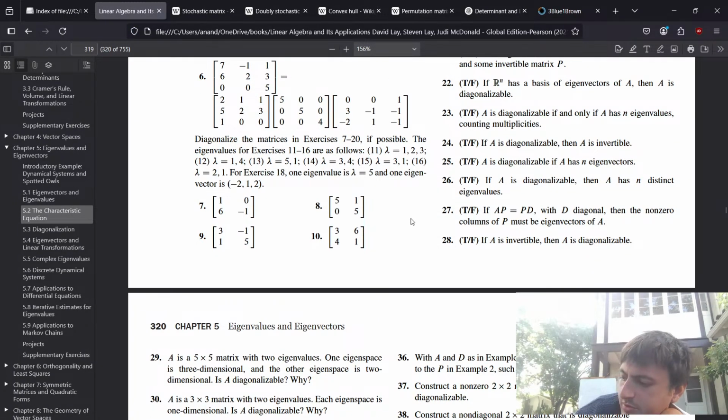Okay. Wait, so 26. If A is diagonalizable, then it has n distinct eigenvalues. That's false.